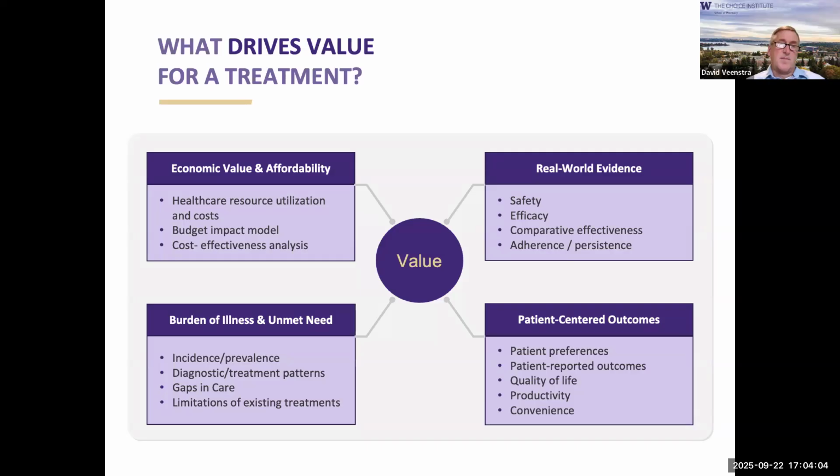Some of the things maybe that you've heard about are costs and economics and cost effectiveness. There's also issues around burden of illness and unmet need. And part of the way we help inform these questions is through real world evidence.